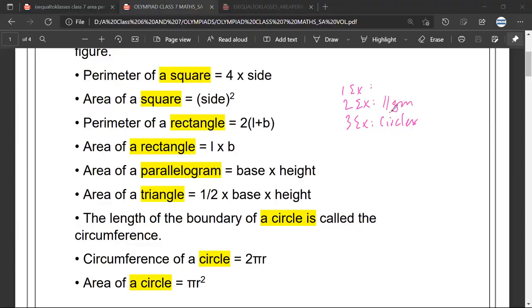Parallelogram. Okay. So you can do questions from parallelogram, and we'll discuss the interesting questions next time. Yes, sir. Okay, Mr. Sarthak.